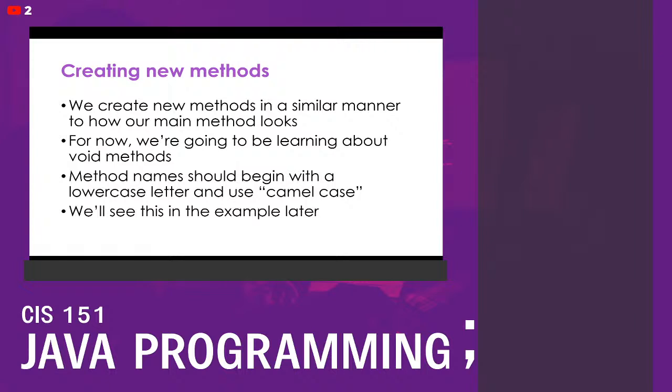That's all we're going to be working with for now, are these void methods. When we're working with method names, we should begin with a lowercase letter and use camel case, meaning that if you start a new word, like the second word, it's all one word, and you capitalize that second word. When we get into our example, you'll see this in action.